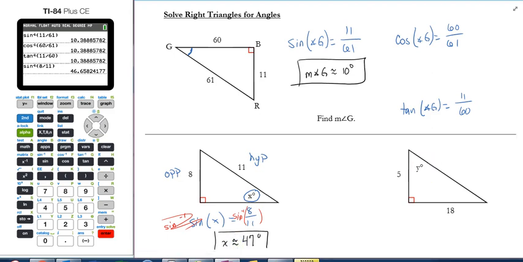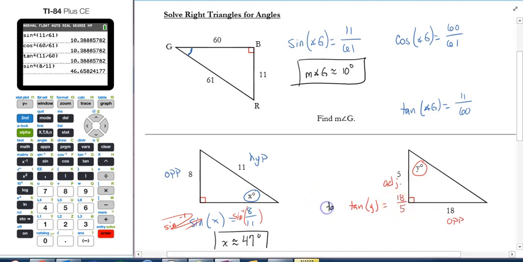And then if my reference angle here is y, this is again the opposite, but this time I am going to use 5, which is my adjacent side, so I'm going to take the tangent of y and set that equal to 18 over 5.